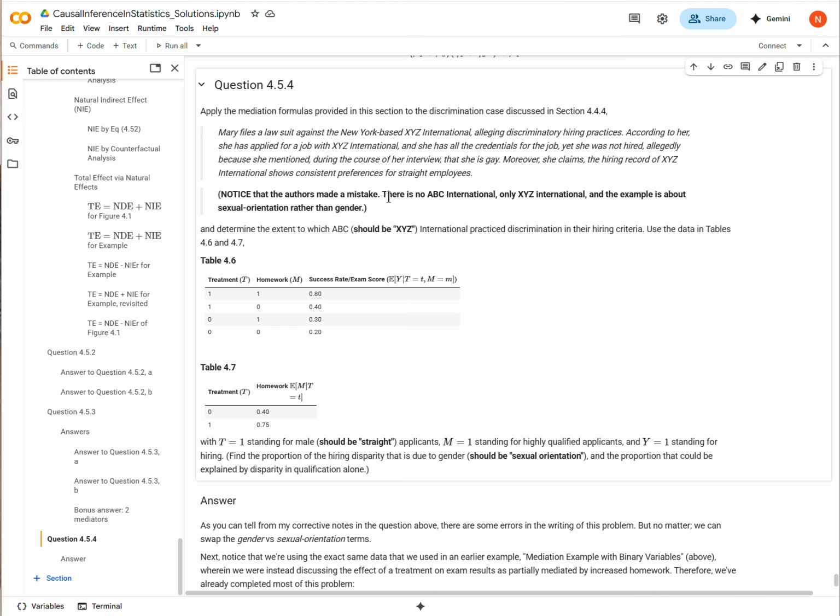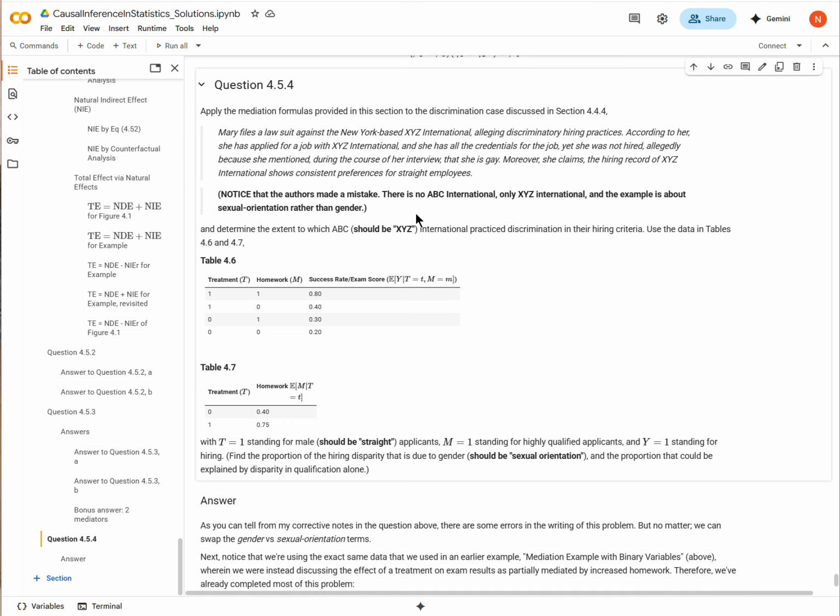Further, the book continues to insist, whenever it's referring to this question, that it was based on discriminating against women, but the prompt itself is about sexual orientation. So somewhere they switched the problem around and forgot to make all of the edits. That can add a little bit of cognitive load. It's a little bit irritating, but not too bad.